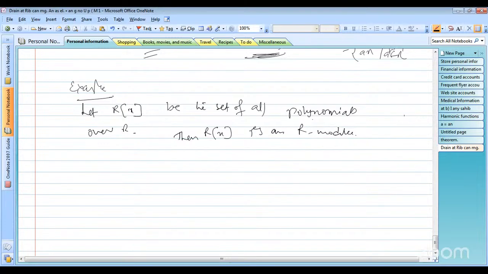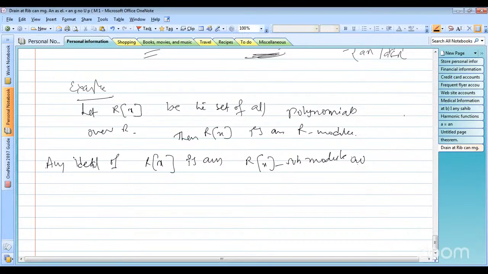Any ideal of R[x] is a submodule. So you can know that R[x] is a module, and an ideal of R[x] is a submodule.